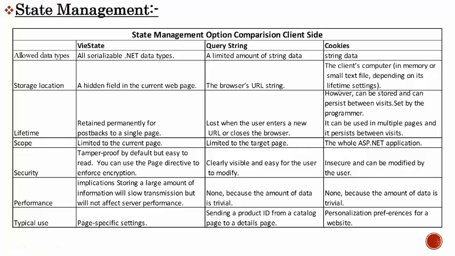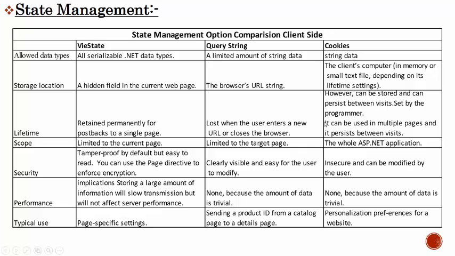Third one is the lifetime. View state is retained permanently for post back to a single page. Query string is lost when the user enters a new URL or closes the browser. Cookies, however, can be stored and can persist between visits, as set by the programmer.